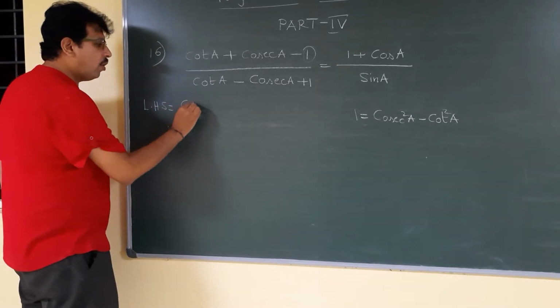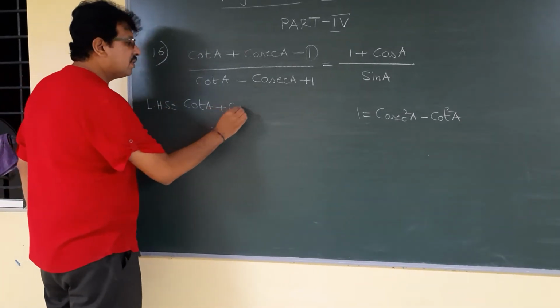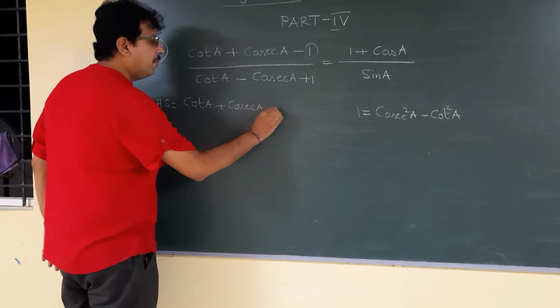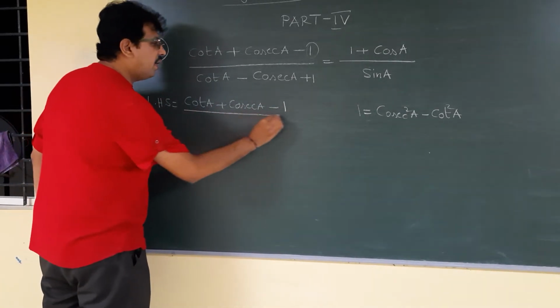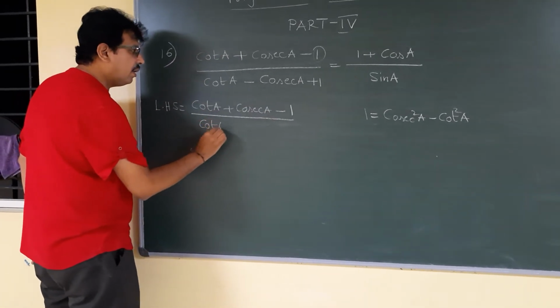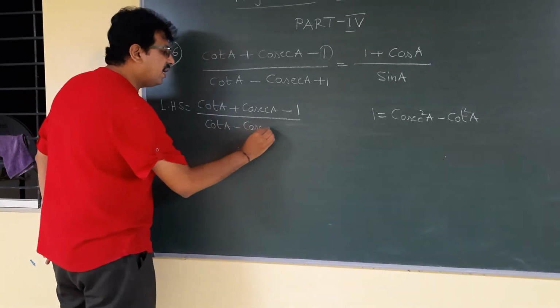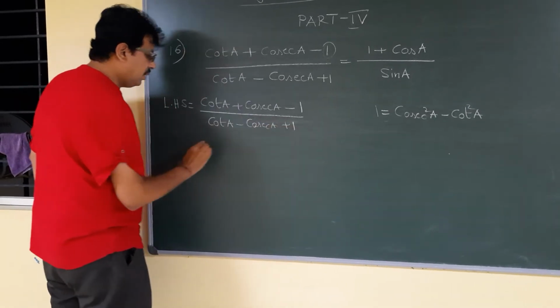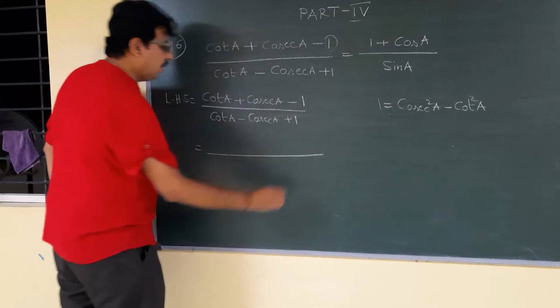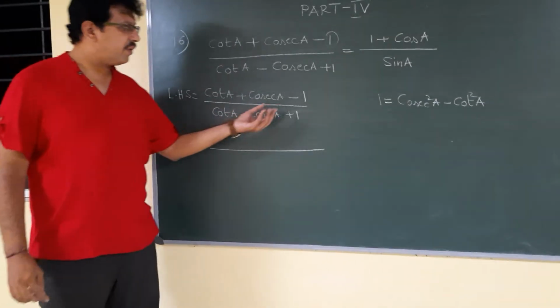That is cot A plus cosecant A minus 1 divided by cot A minus cosecant A plus 1, that is equal to. So you please observe very carefully this 1.